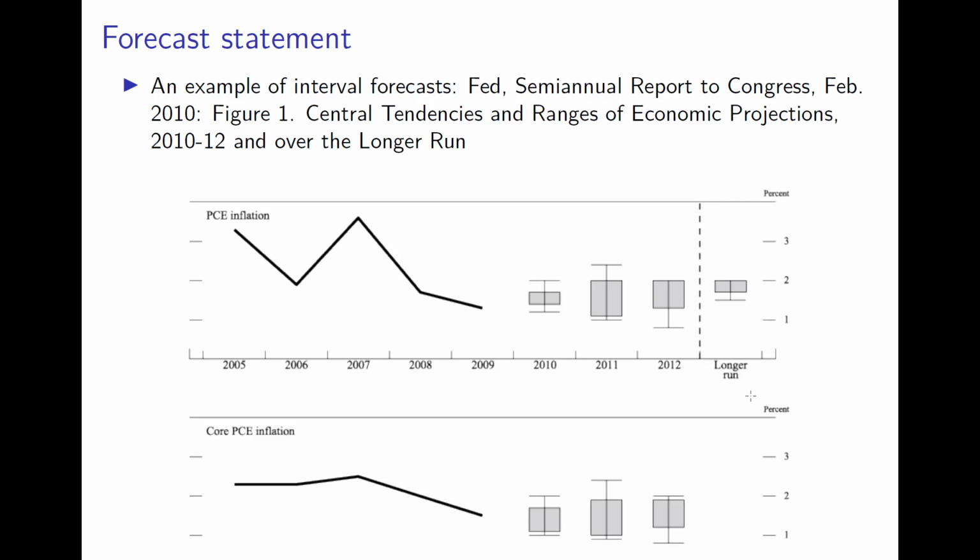There's something interesting about this one that they do 2010, 2011, 2012. So they're giving us different windows, different forecast horizons that they're predicting using data from 2009, right? This is old. But they also have this long run where they're saying, what do you think inflation will be in the long run? And here in 2012 and again in the long run, there is no top whisker.